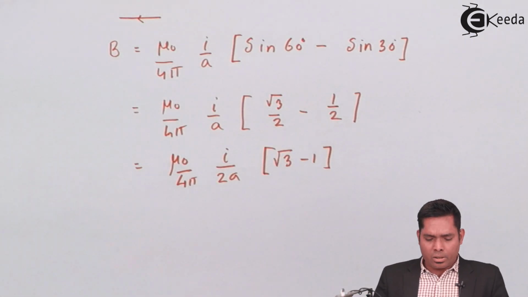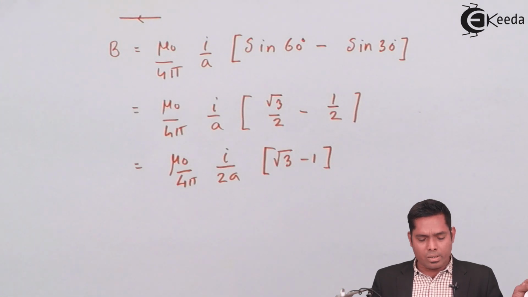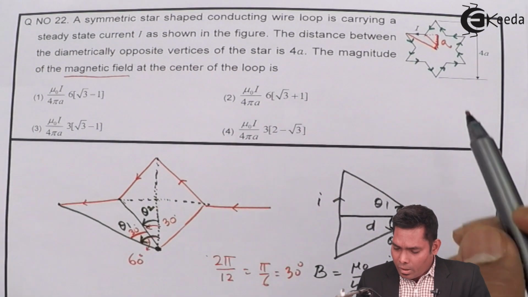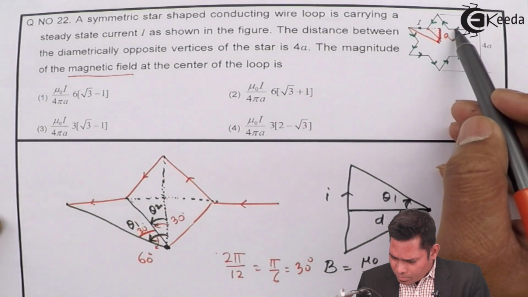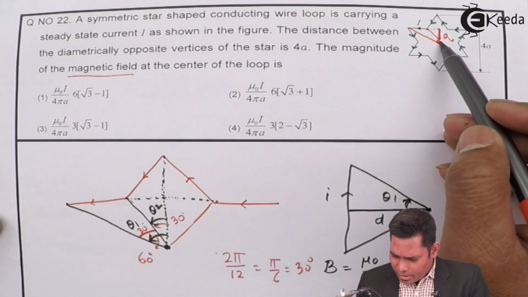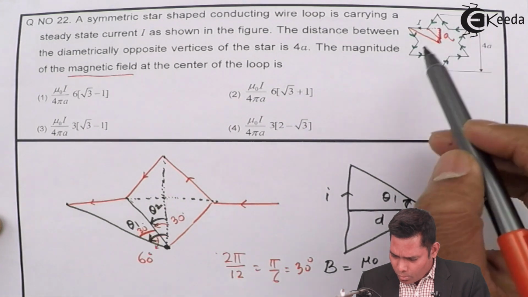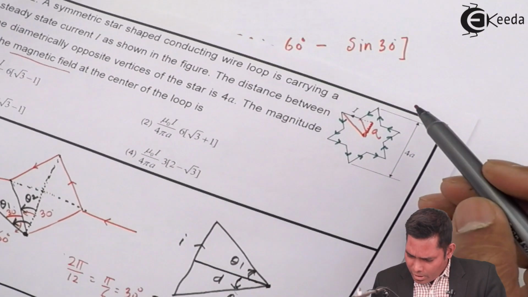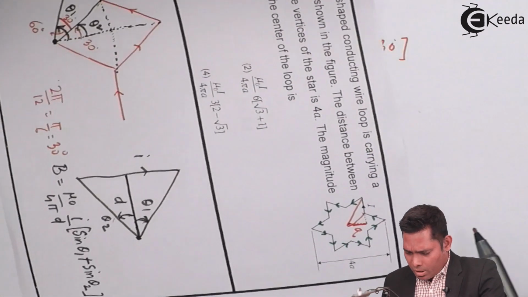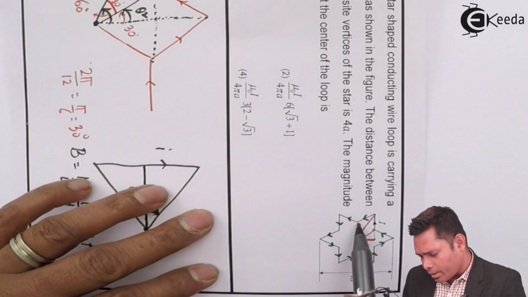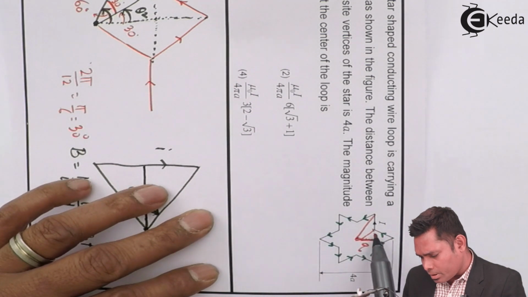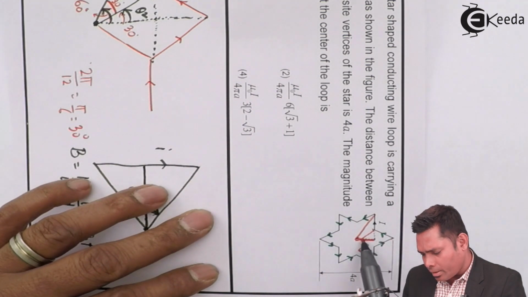But how many such sides are there? There are 12 sides. Similarly, the contribution of this conductor at this point will be symmetrical, so it will be the same. If I rotate this, this line and this line also project at the same angle, same magnetic field here.